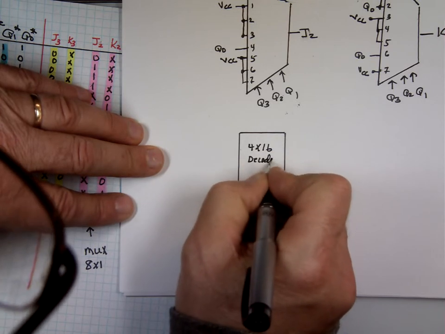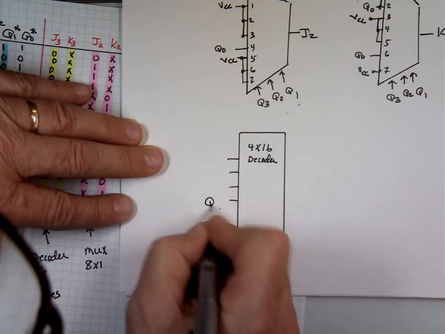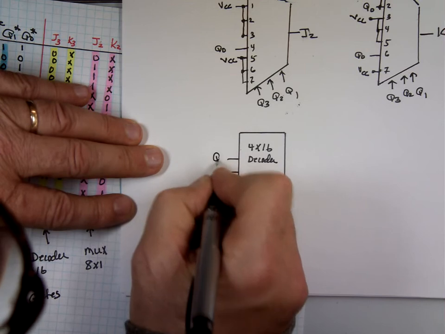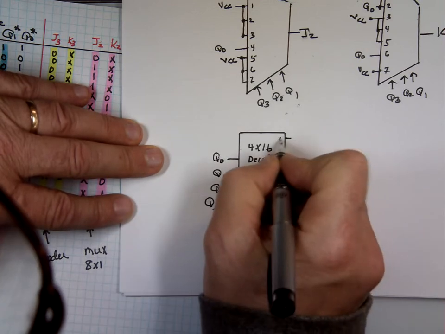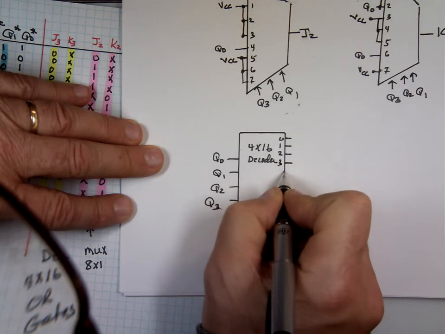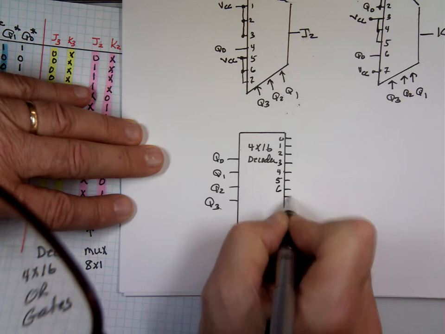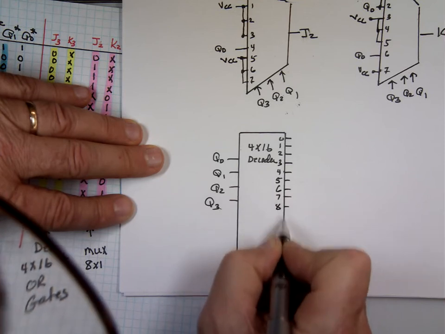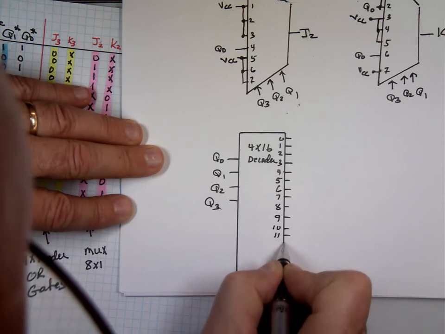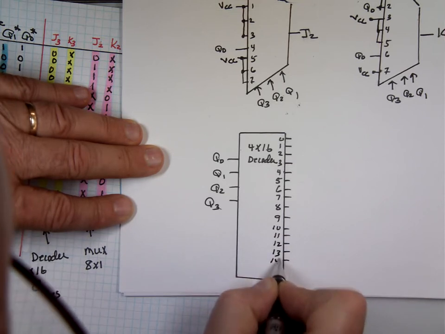It has 4 select control signals, Q3, Q2, Q1, Q0, and outputs 0, 1, 2, 3, 4, 5, 6, 7, 8, 9, 10, 11, 12, 13, 14, and 15.